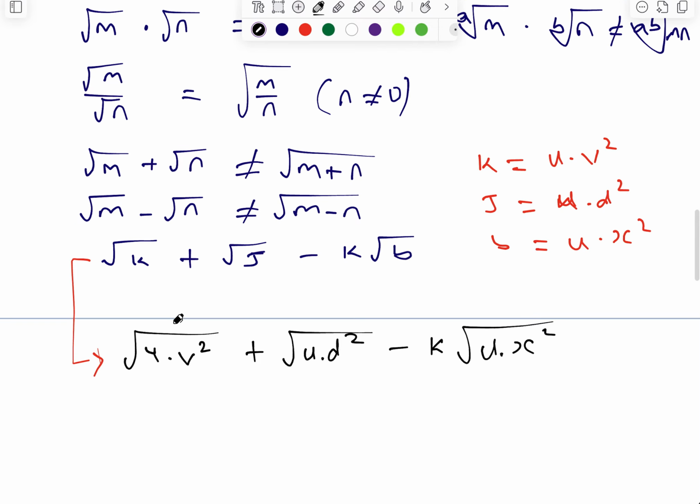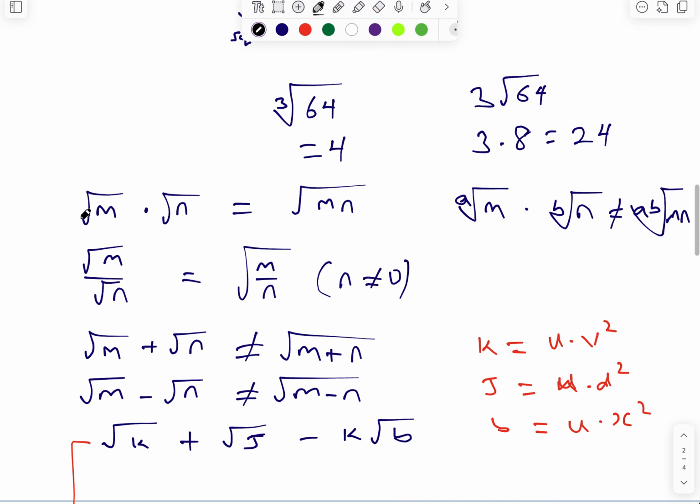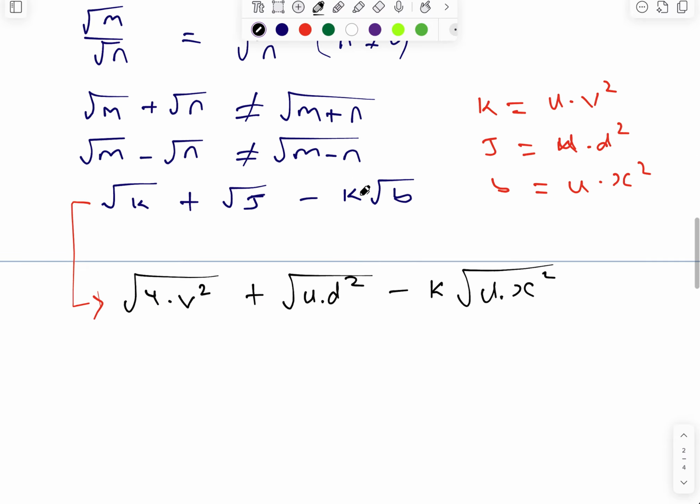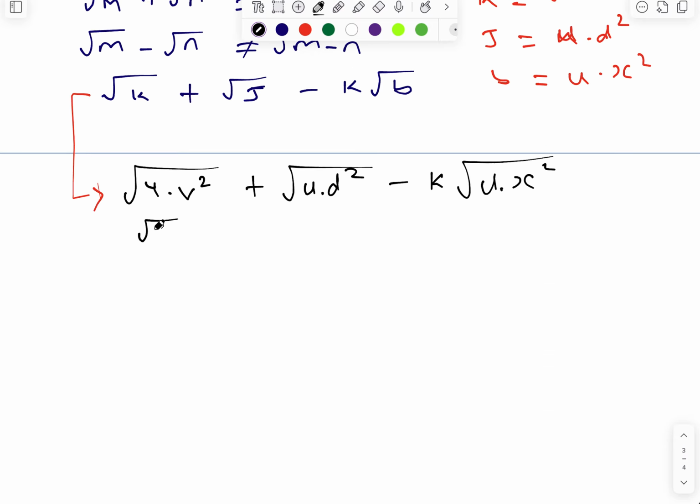Now, from what I've explained earlier, you can see that product of roots is the same thing as root of product. Therefore, I can easily write this as square root of u multiplied by square root of v squared plus square root of u multiplied by square root of d squared minus k times square root of u multiplied by square root of x squared.